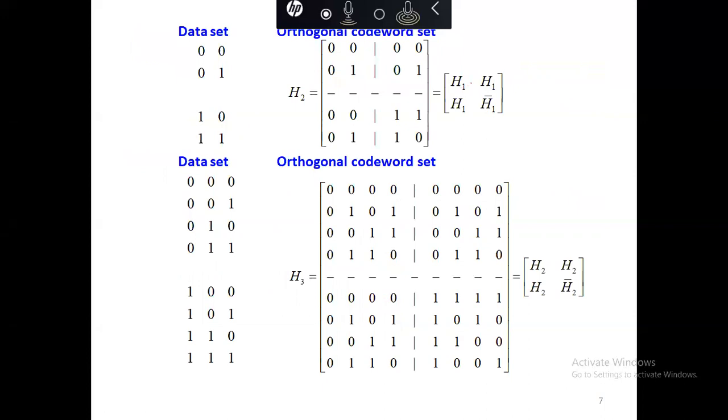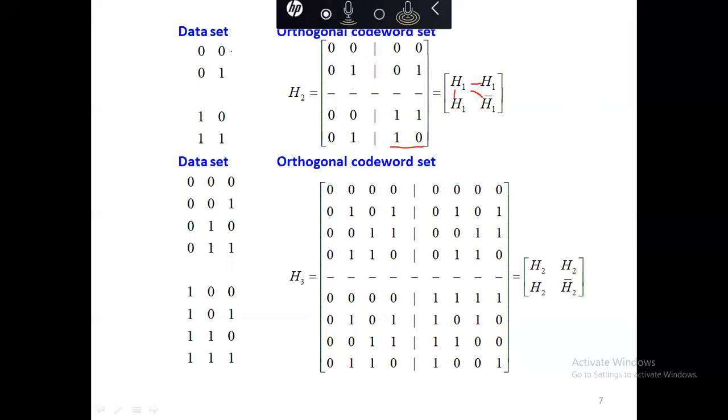We take the Hadamard matrix in horizontal and vertical direction and we invert it diagonally. So you can see here that horizontally we have the similar pattern, vertically we have the similar pattern, and diagonally we have the inverted version of the bits.